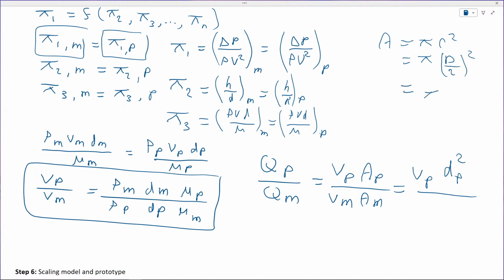So the area will be d squared over 4, just in case you don't remember.